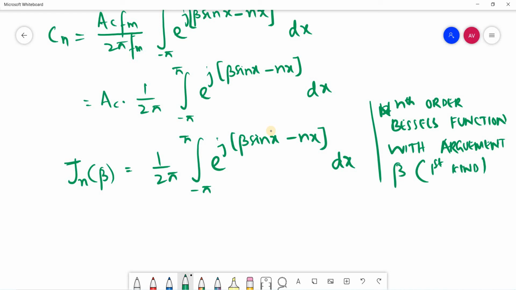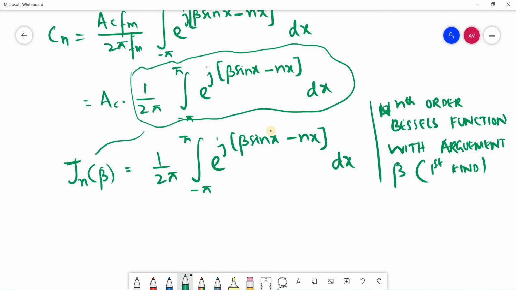We do have some interrelations. While discussing problems, I'll discuss Bessel's function in detail. But for instance, this entire integral can be replaced with an nth order Bessel's function. What is this n? This n is whatever is coming along with x. And when I say the argument is beta, this beta is whatever is coming along with sin x.